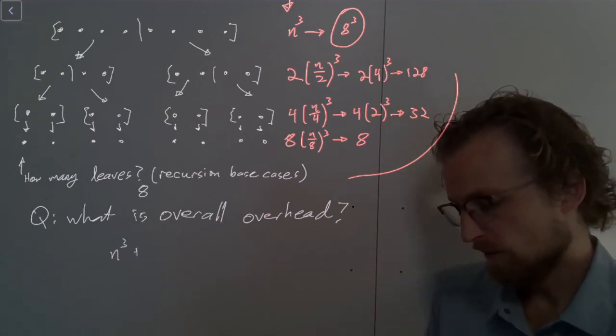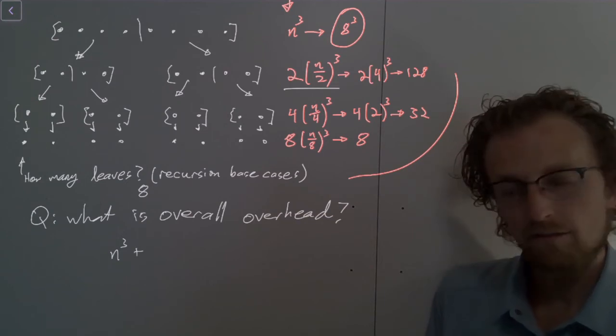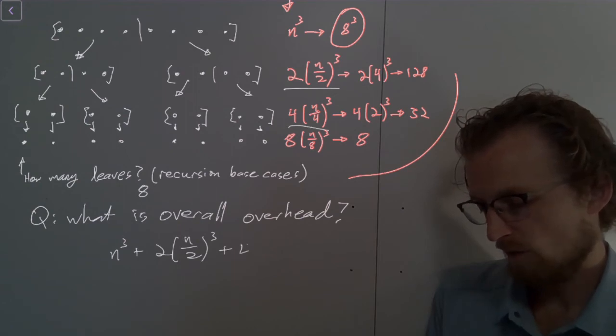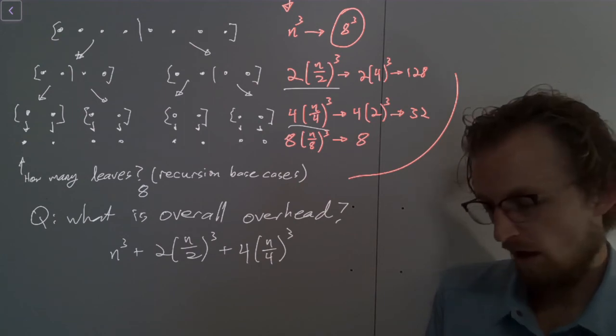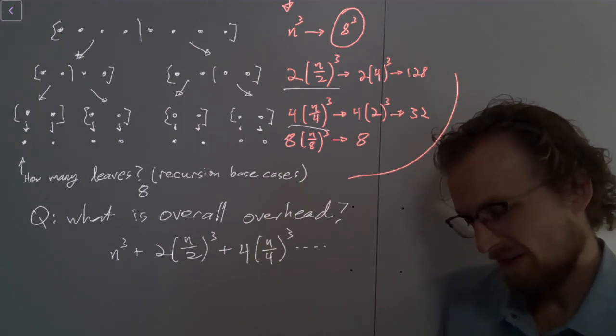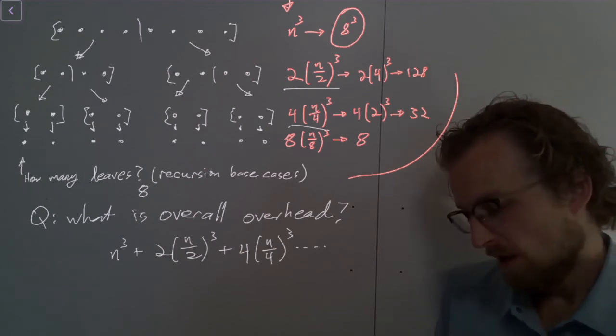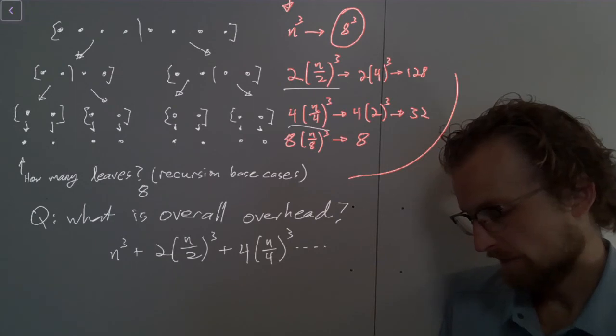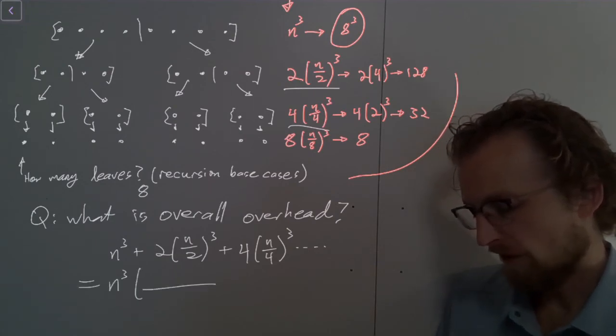So it's n cubed plus 2 times n over 2 cubed, plus 4 times n over 4 cubed, and so on. This goes on for some distance, but notice each one of these has an n cubed in it, so this is n cubed times something.